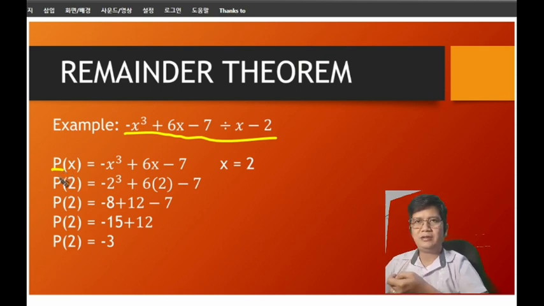Sometimes we are using, or most of the time ginagamit natin dyan ay f to represent function. So f of x or function of x. As of now, p of x muna ang ating gagamitin.